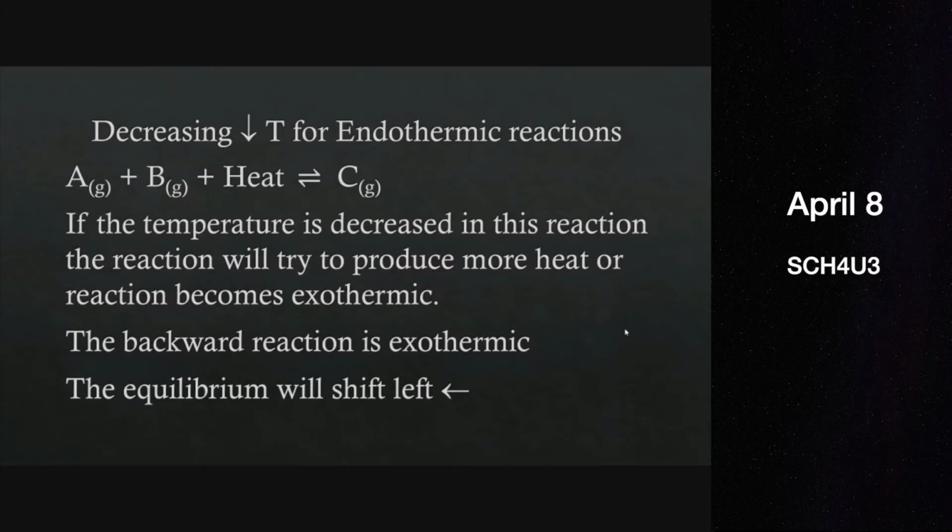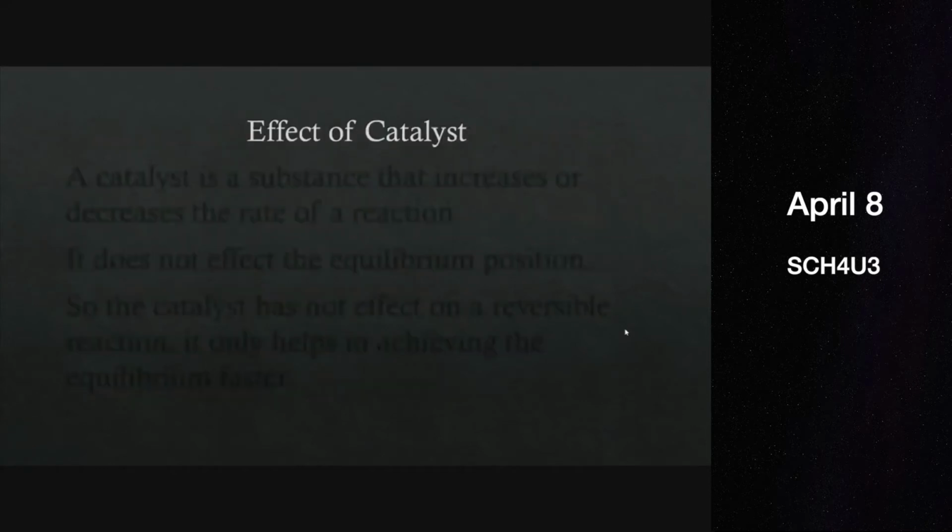So this can be applied to all the different reactions that you see, whether it's exothermic, endothermic, gaseous, heterogeneous, or homogeneous equilibria. Now, effect of catalyst on an equilibrium system. Is there a shift in equilibrium when we add a catalyst?